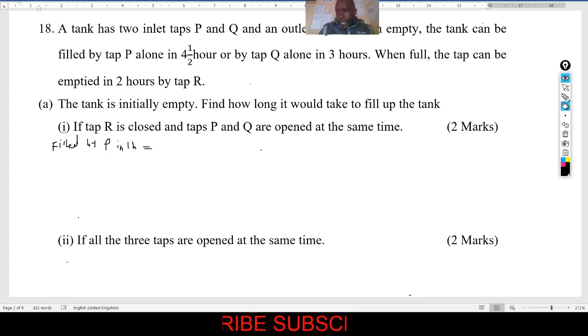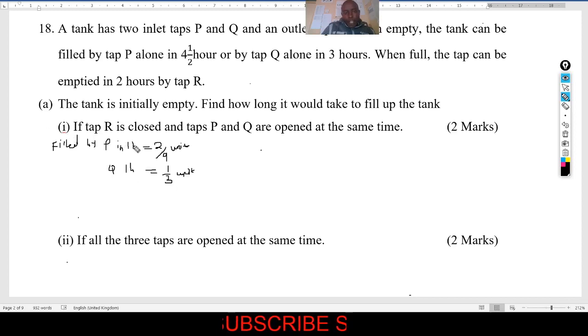You get 2 over 9 of the tank, so 2 over 9 units will be filled in 1 hour. And tap Q, because it takes 3 hours, in 1 hour will fill 1 over 3 units of the tank.